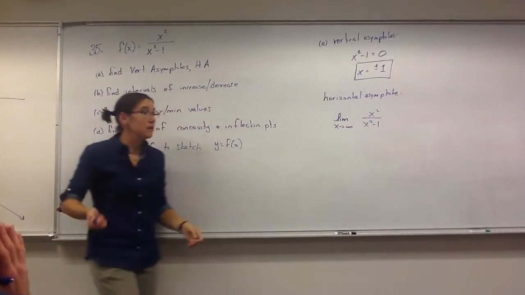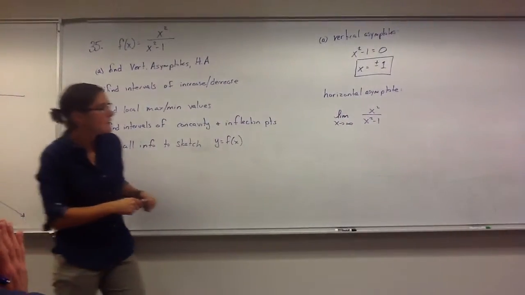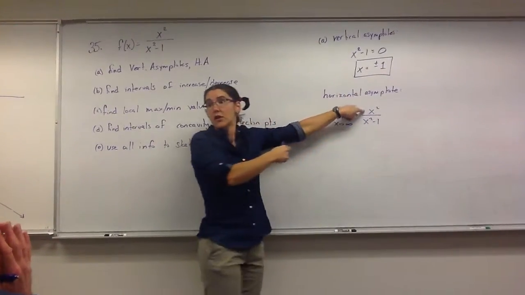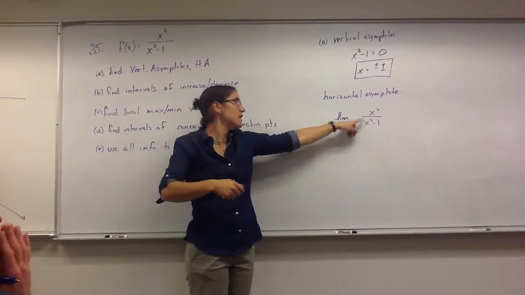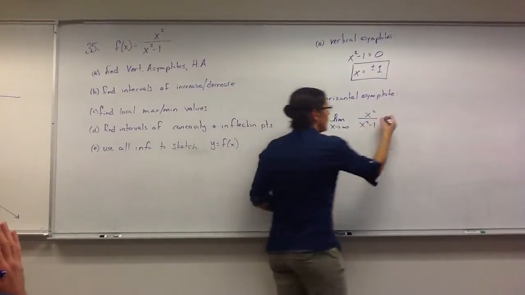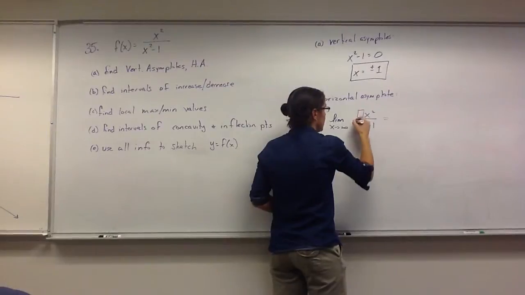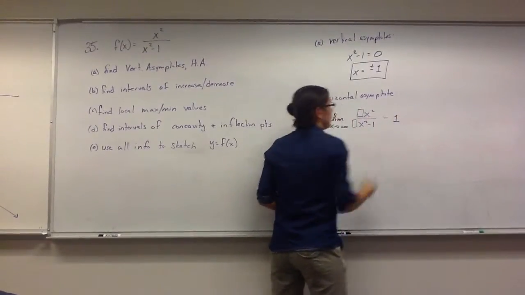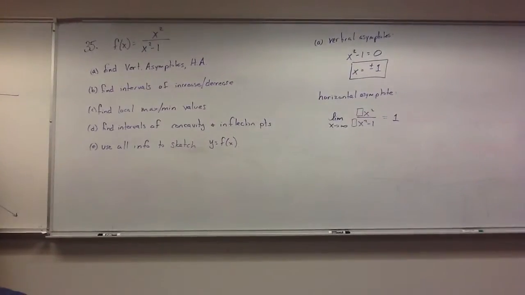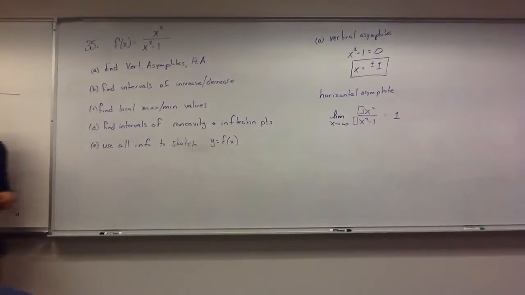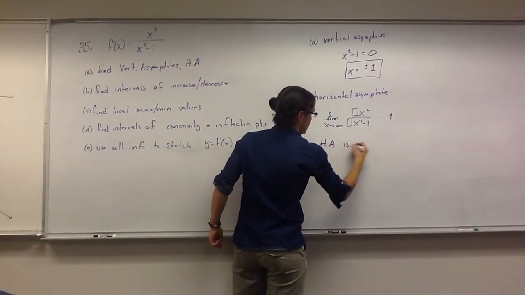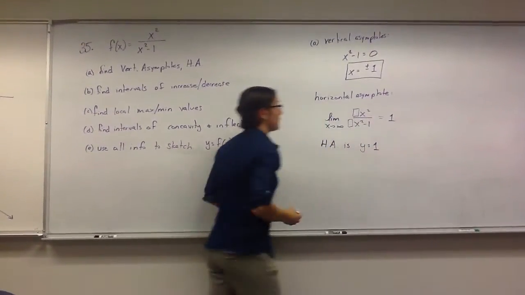But what we figured out when we were working with these infinite limits is that we can look at the largest power in the top and the bottom and focus on the coefficients in front of those values. In this case, our largest power is squared on the top and the bottom, and the coefficients in front are both 1s. So our limit as x approaches infinity of x squared over x squared minus 1 is 1. And that tells us that our horizontal asymptote is y equals 1.